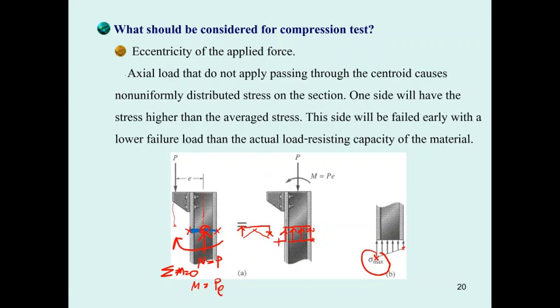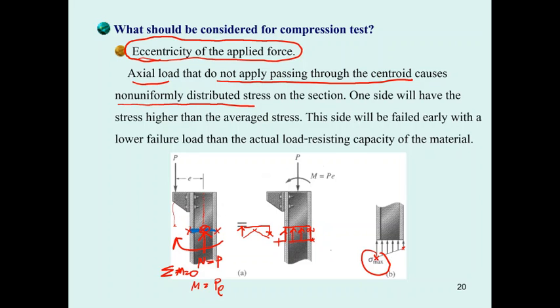So coming to the factors that affect the specimen in compression, the first one is eccentricity. The axial load that is not applied through the centroid causes a non-uniformly distributed stress. One side will have stress larger than the average stress. This is the point that has some large stress.